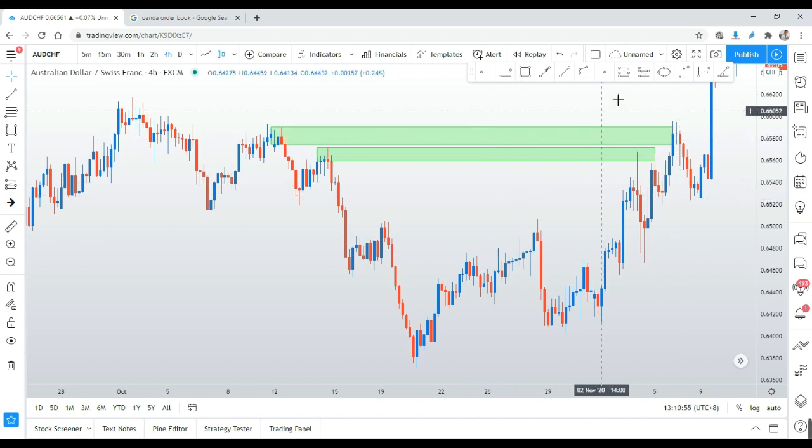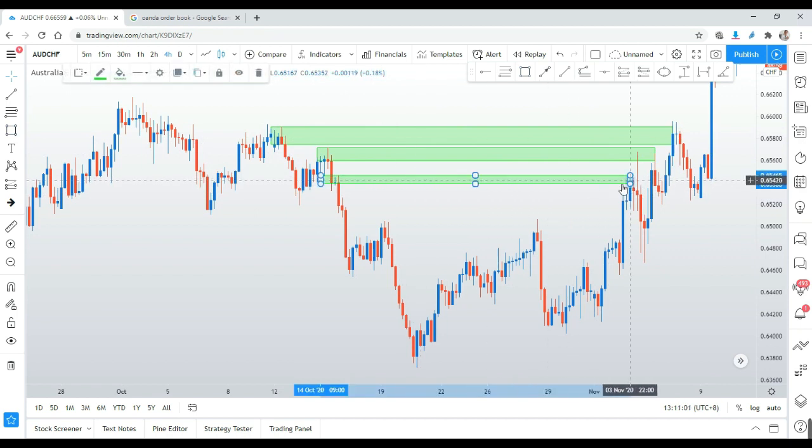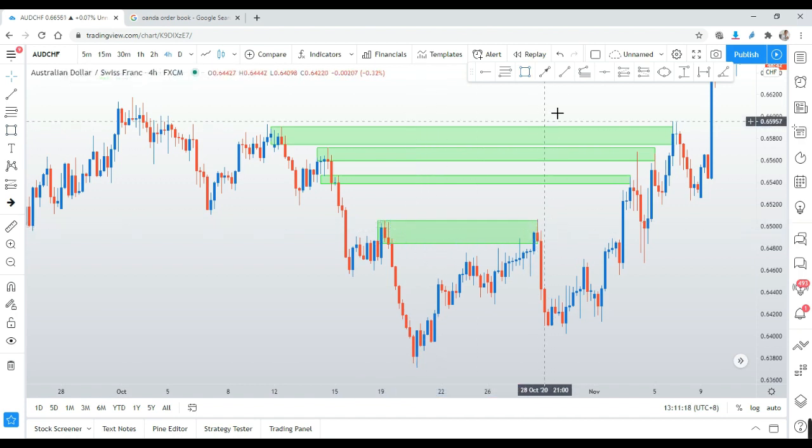So if you keep doing this, you will understand how the price moves. The price really moves accordingly, not because it moves randomly. No, it is because there are supply and demand zones. So this is the supply zone.